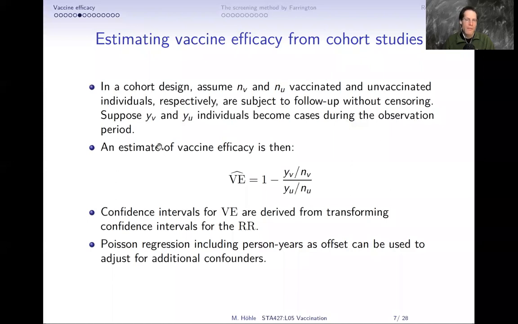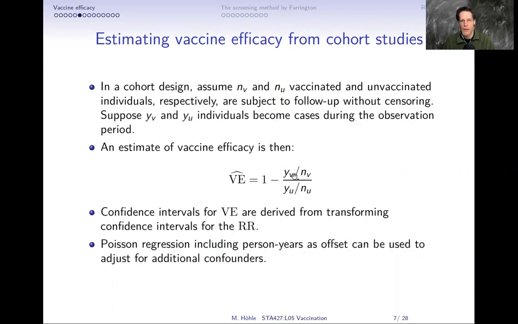Then this estimate can be obtained by looking at the proportion of those in the vaccinated group who became infected, and the proportion in the unvaccinated group. And then we have our estimate for the vaccine efficacy.